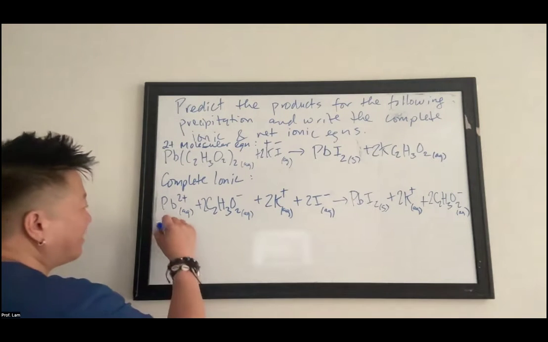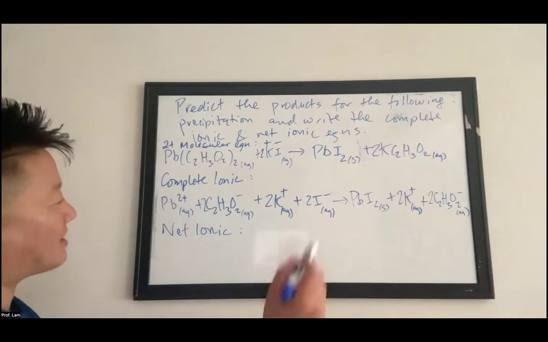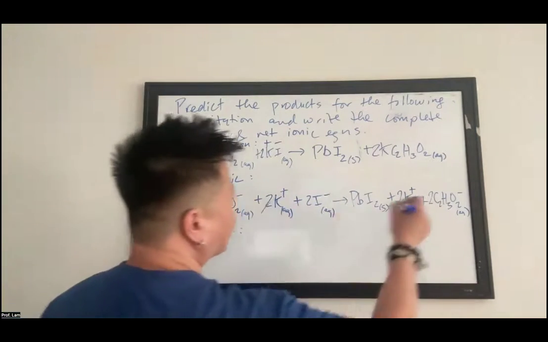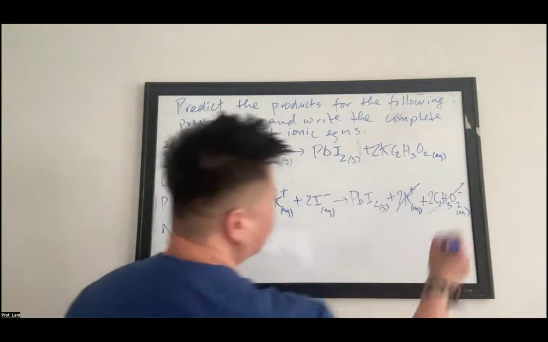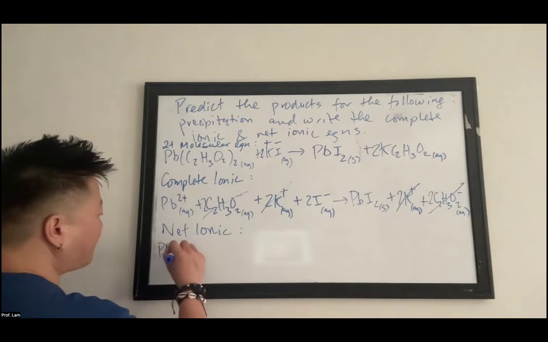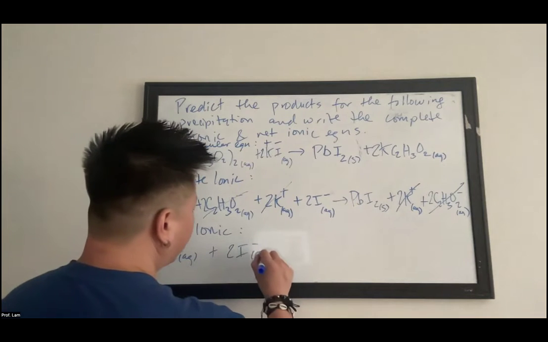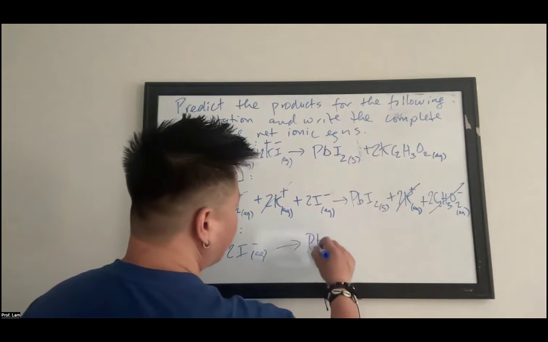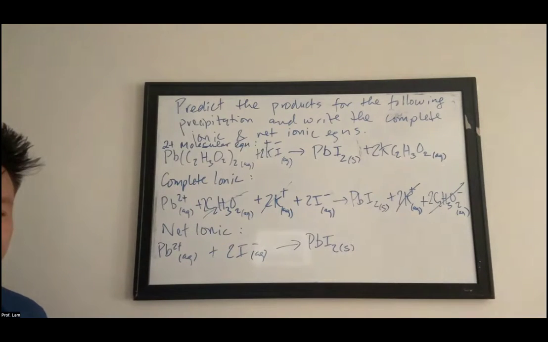Now I get to my net ionic. I'm going to cross everything that is the same on both sides. And I see it's the acetate and the potassium. And then what's left is Pb2+ aqueous plus 2I minus aqueous goes to PbI2 solid. Okay, that's my net ionic.